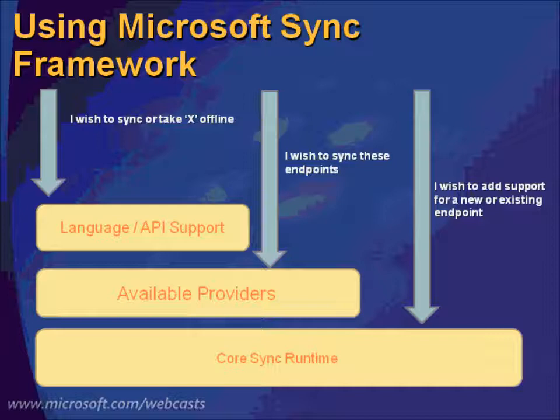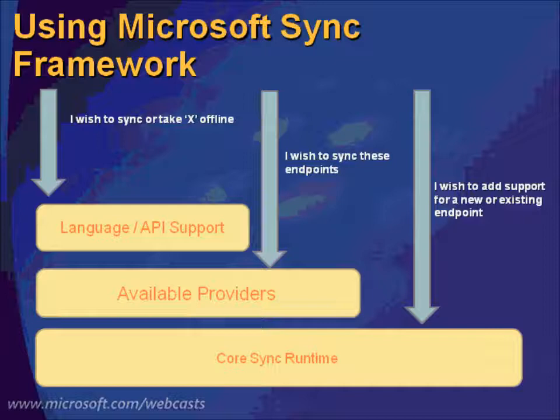So the lowest hanging fruit would be within Visual Studio, use the language and API support that we saw in the topmost layer. As we move forward to the right and the arrows get longer, we get a little bit more complex and more code that you would have to write as a developer. So in this first scenario where we just want to take an application offline using Visual Studio 2008, it's actually a really simple scenario, and I'll walk through that at the end of this presentation.